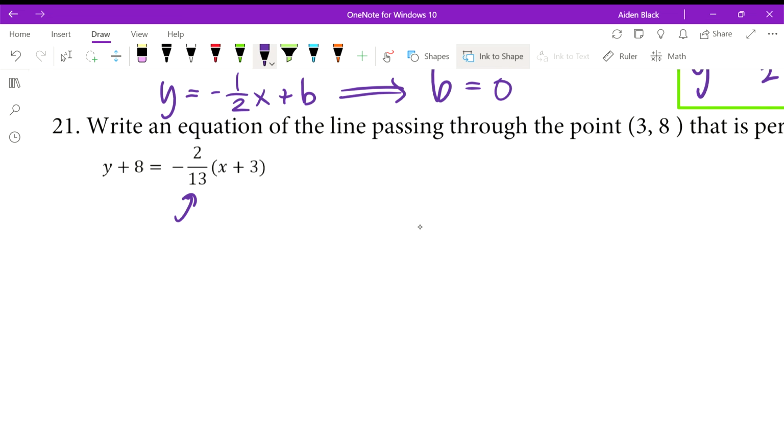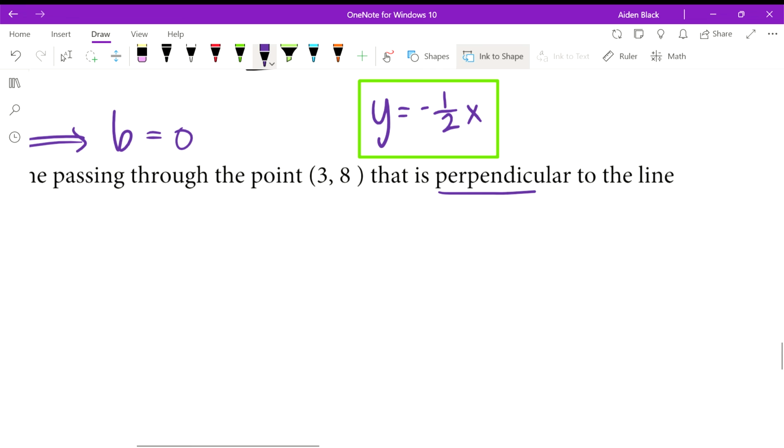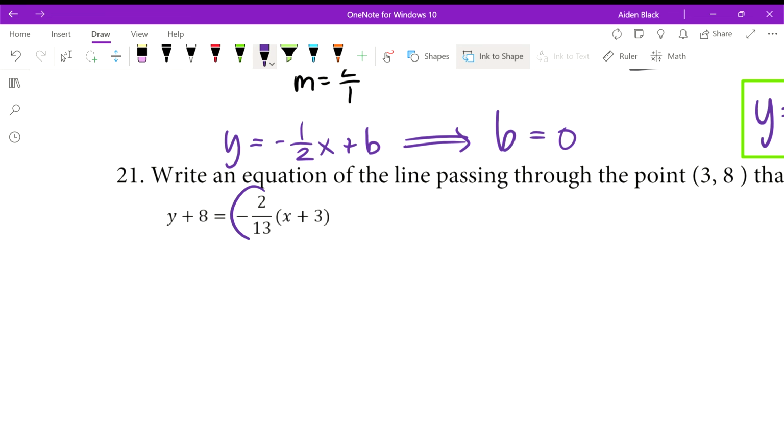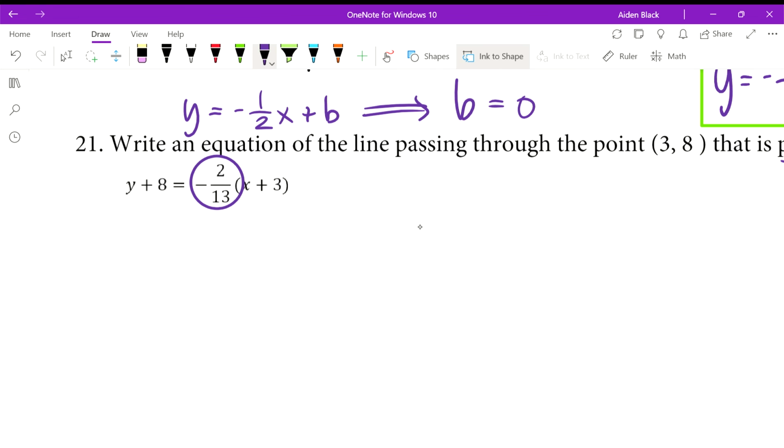So what's important here? The slope. And we need a line that's perpendicular to a slope of negative 2 over 13. So our slope on our new line will be change the sign, so it's positive, and then flip the fraction. This is called the reciprocal.